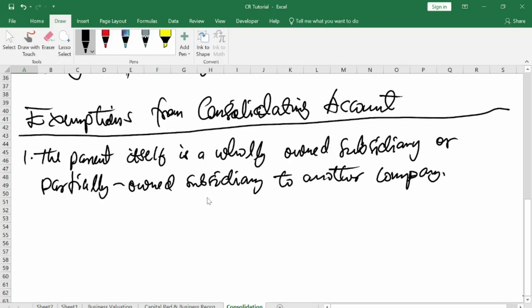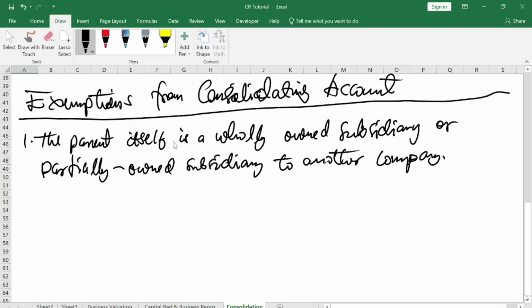You understand? So what this means is the parent cannot go and consolidate another acquired subsidiary when it itself is an acquired company.